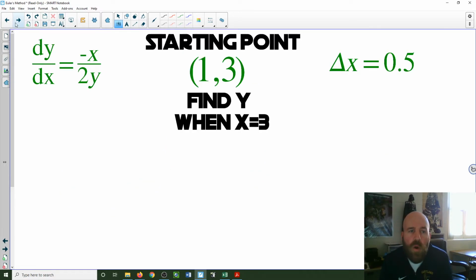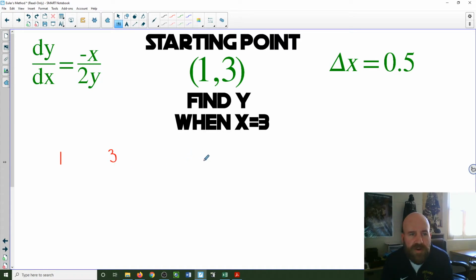So let's go through one more here. So we have a differential, negative x over 2y. We have a starting point, coordinate 1, 3. Our change in x is set to 0.5. And we need to find y when x is 3. So we're starting off with a 1 and a 3 for our x and y.